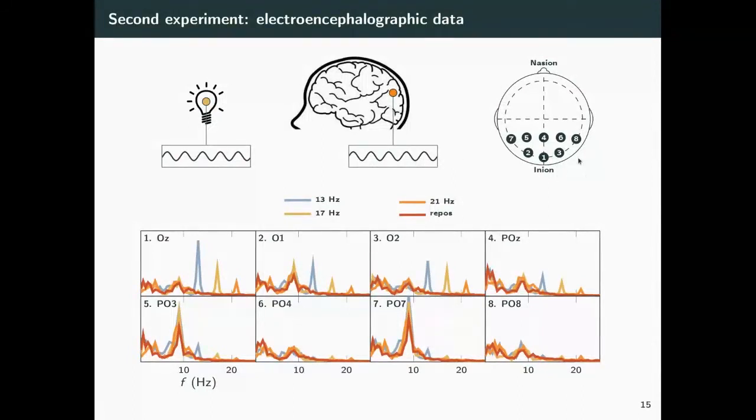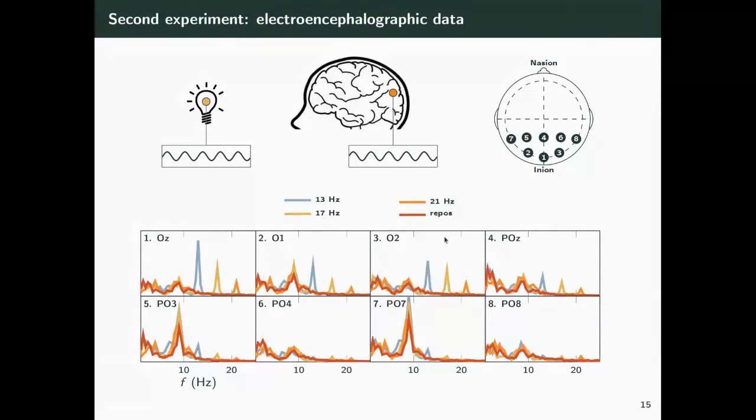The data we considered were recorded with 8 electrodes around the visual cortex, and we have 4 different experimental conditions, with several frequencies for the light to blink and a rest condition.